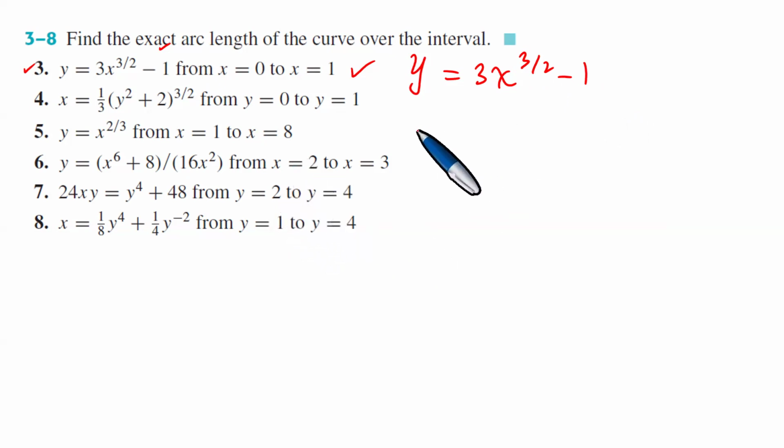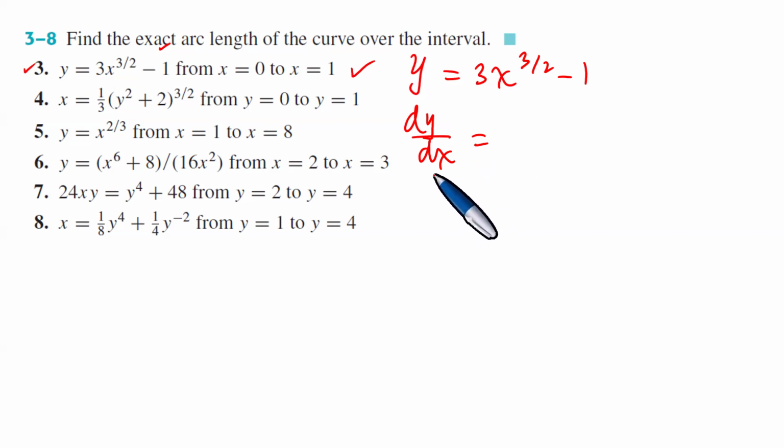So the derivative is actually given by dy dx. And now we can use any of those. So we choose which one is going to work. Let's try dy dx. If it's difficult to integrate, then you can use dx dy.